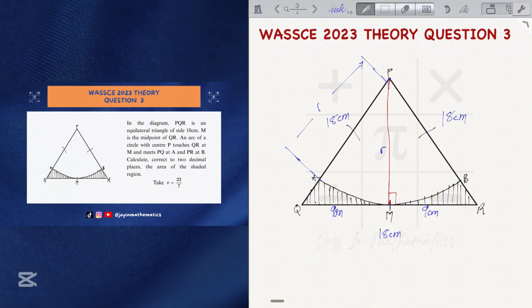In the same vein, we will have that PB is also equal to radius R.